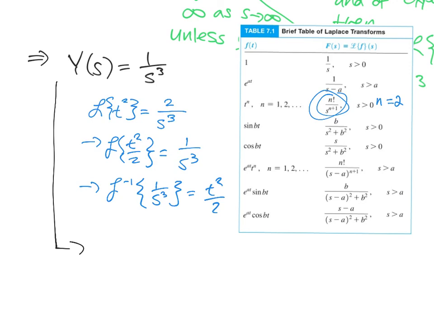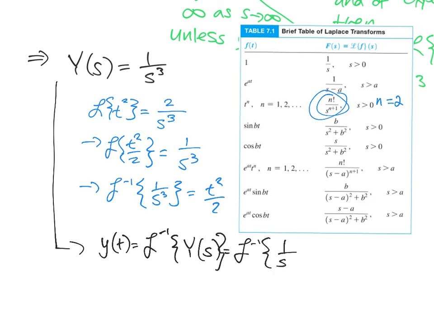So now we get that little y of t equals the Laplace inverse of capital Y of s equals the Laplace inverse of 1 over s cubed, which equals t squared over 2.